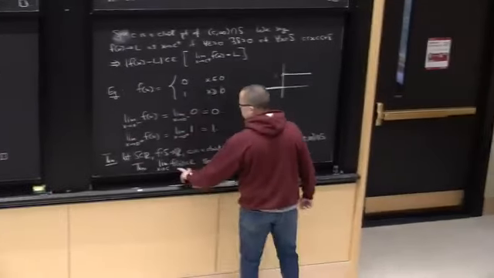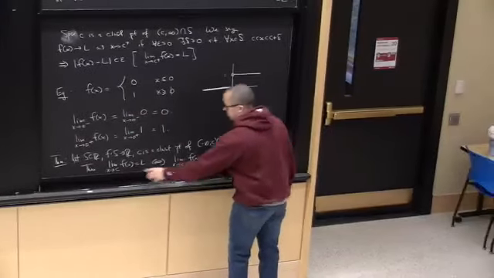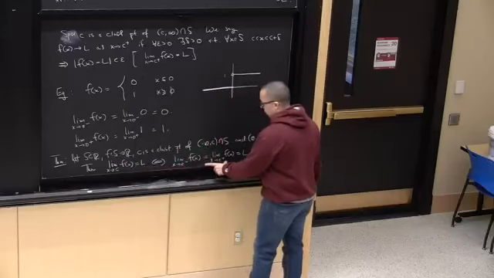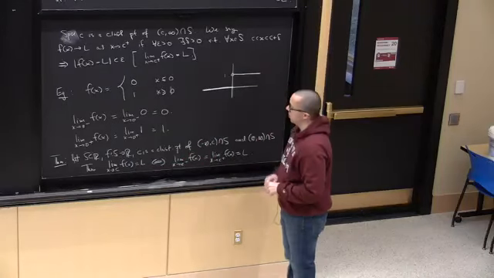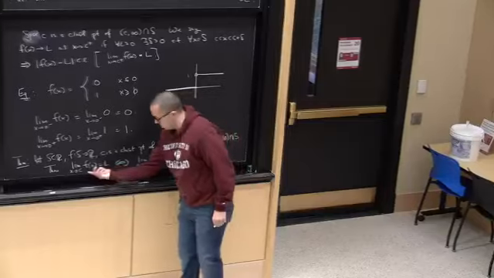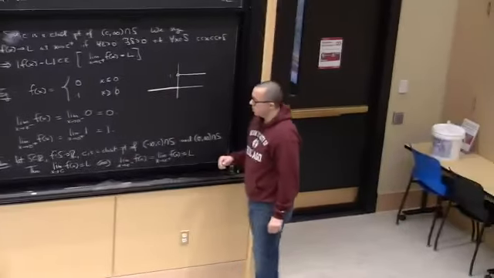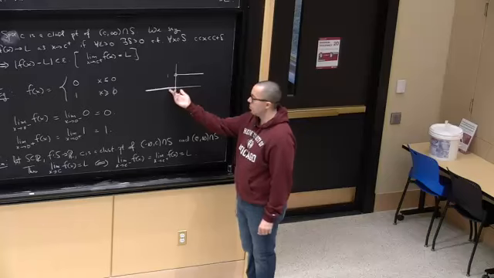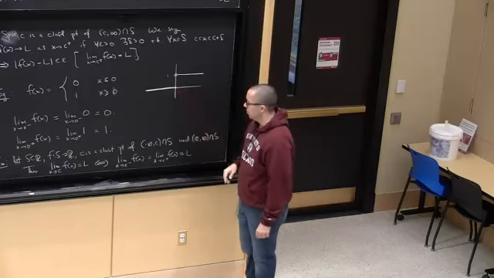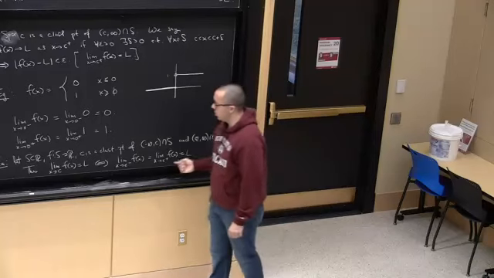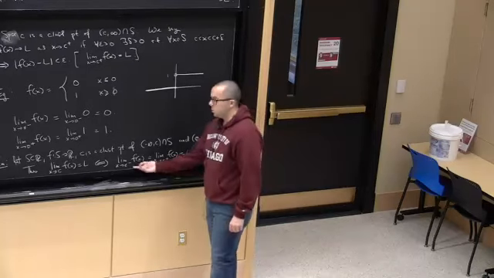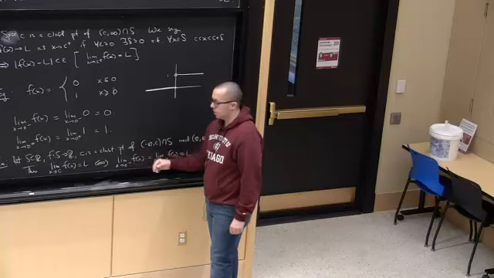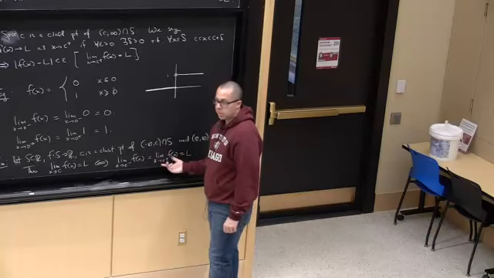This direction, assuming this and proving this, should be pretty clear. If I have this, it means that if I want to be close to L, I just need to be close to C. And therefore, it doesn't matter if I'm close to C from the left or right, I'll be close to L. And going this direction, this says I just need to be close to C from the left, sufficiently close, and I need to be close to C from the right, sufficiently close, to be close to L.